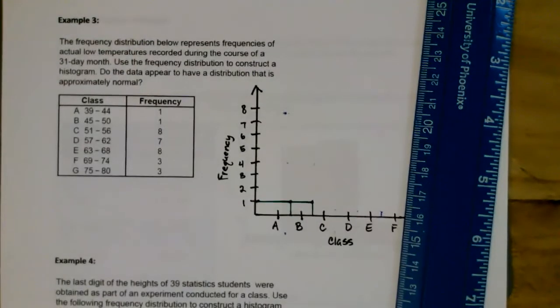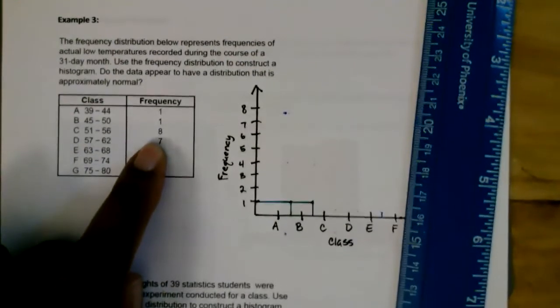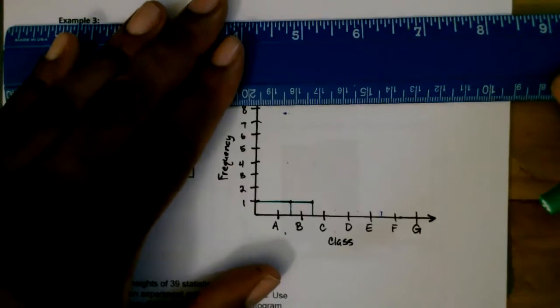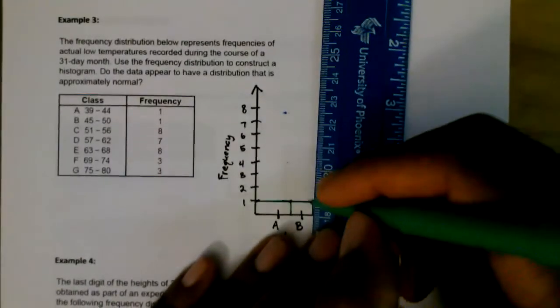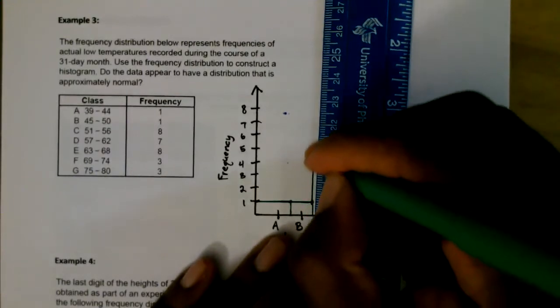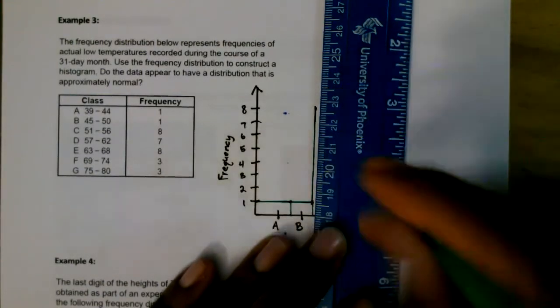And then for class C, the frequency is 8. So that's going to be the tallest bar right there. Okay, so what I'm going to do here is just draw this bar upward to where 8 is.